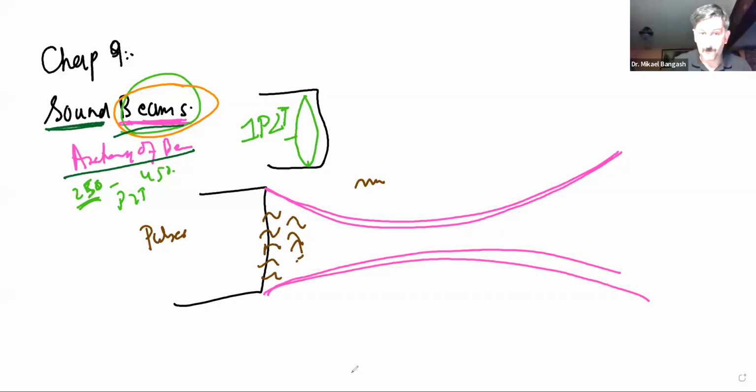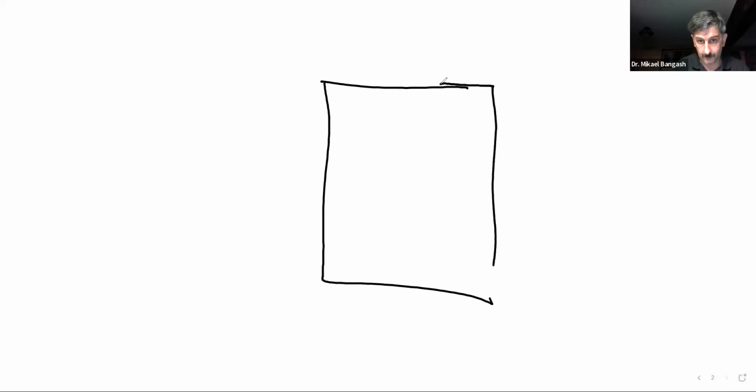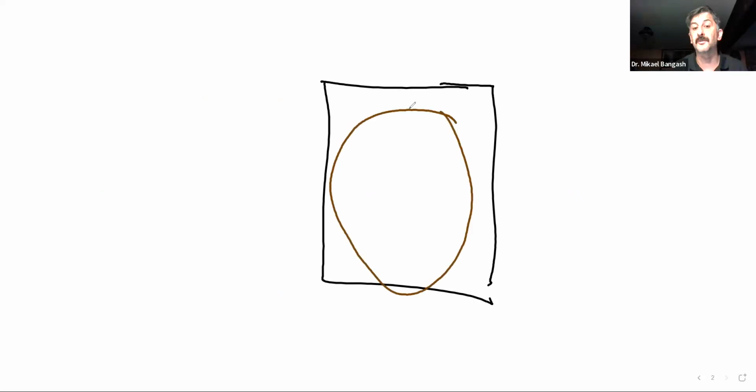Okay. But girls, if you look at any area where you throw the beam of light, as you may call it, you may see the beam. Now this is the whole dimension of the beam. Clear?